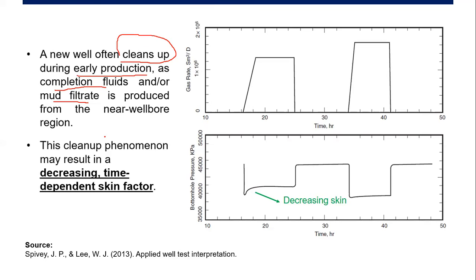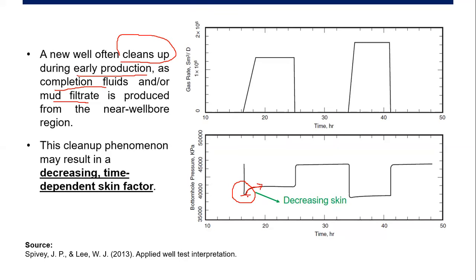So if we perform pressure transient analysis, we will have the bottom hole pressure profile. And usually we will find it like this one. Okay, so the pressure first goes as low as this value. And for a little while, it will increase and then stabilize.